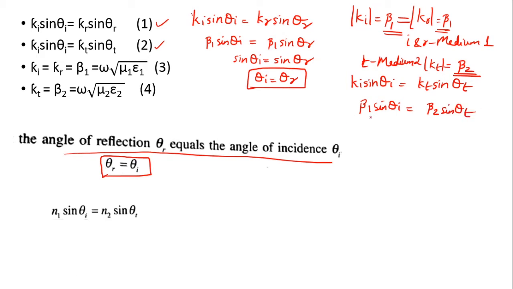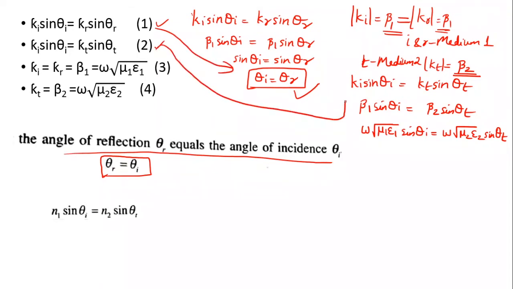And you know that beta is omega square root of mu epsilon, so beta 1 is omega square root of mu 1 epsilon 1, and beta 2 is omega square root of mu 2 epsilon 2. You substitute in this: omega square root of mu 1 epsilon 1 into sin theta I is equal to omega square root of mu 2 epsilon 2 into sin theta t. So this equation you got from the first equation, and you are deriving the second equation from equation 2.